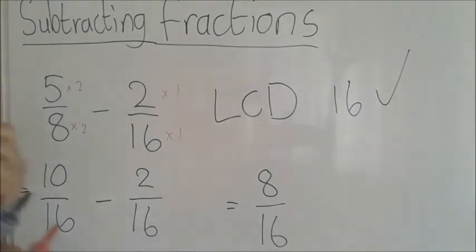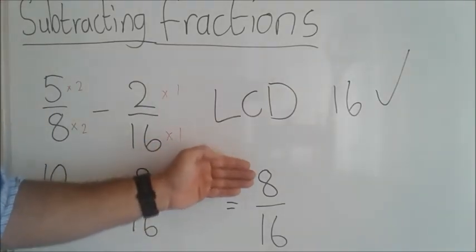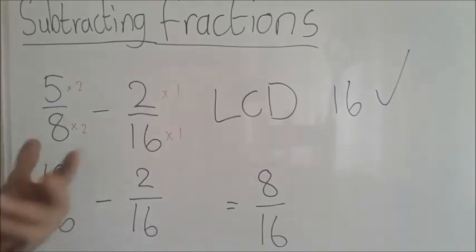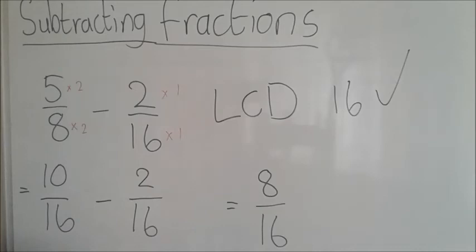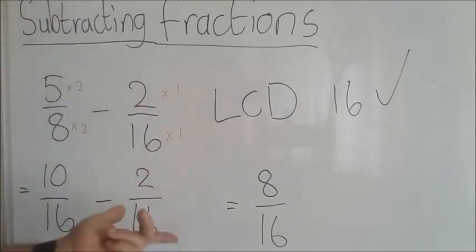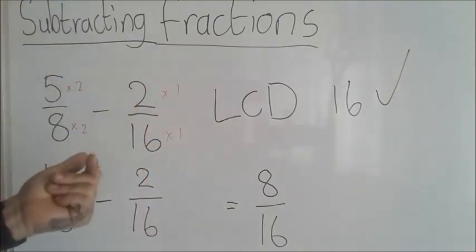To simplify my answer, I have to find something that fits into the 8, the numerator, that also fits into the denominator. I have to find a factor of both numbers. What fits into 8 that also fits into 16? 2 fits in. Is there maybe a bigger number? Yeah, 4 fits in there. But then think about it, a bigger number?